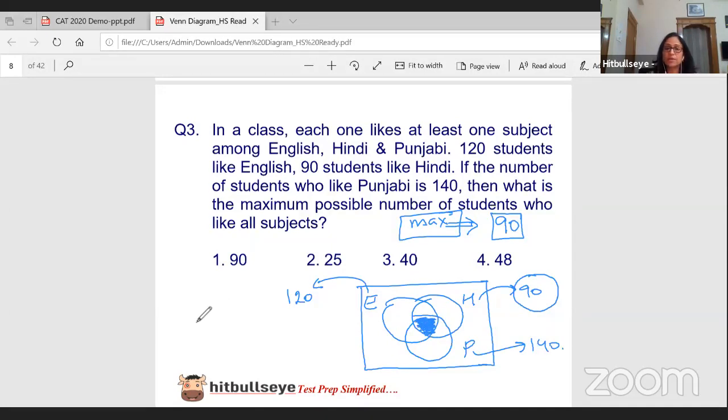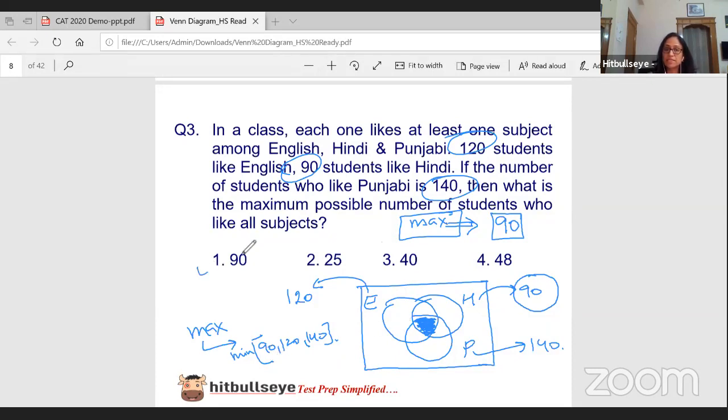So what is the shortcut? The shortcut says that if the question talks about maximum intersection, what you do is take the minimum of the numbers given in the question. So you take the minimum of 90, 120, and 140. What is the minimum of these numbers? It is going to be 90 only. Is that clear?